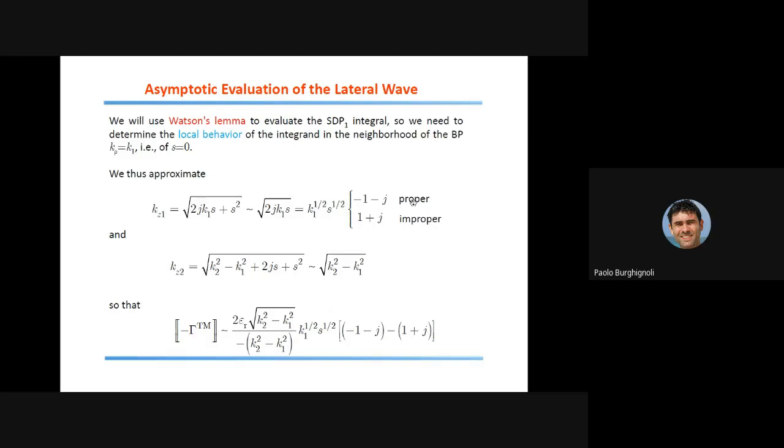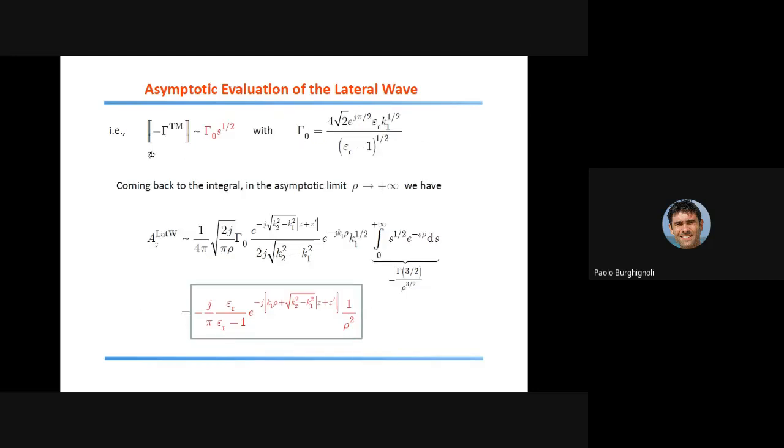And as you can see, the proper determination has a negative imaginary part, whereas the improper has a positive imaginary part. On the other hand, kz2 tends to a constant in which s is not present anymore. So in the end, the folded value of the reflection coefficient, minus gamma TM, has the expression that is reported here.